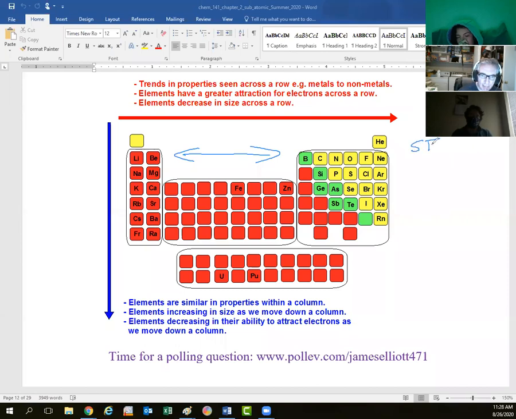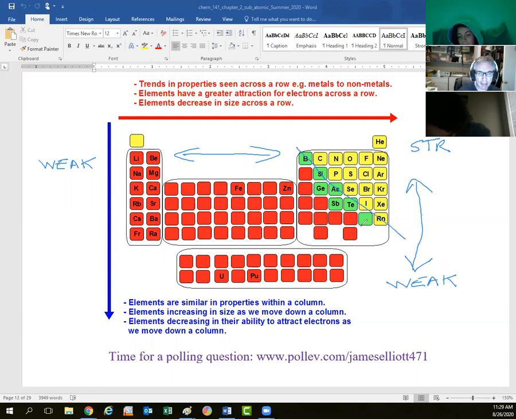So the atoms get better or stronger at attracting electrons as we move to the right, and they get weaker at attracting electrons as we move to the left. Looking up and down the periodic table, that attraction for electrons, the electronegativity, gets stronger as we move towards the top and gets weaker as we move towards the bottom. Again, following that divide between metals and non-metals.